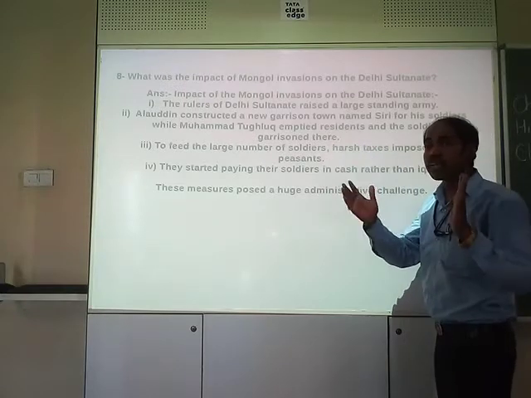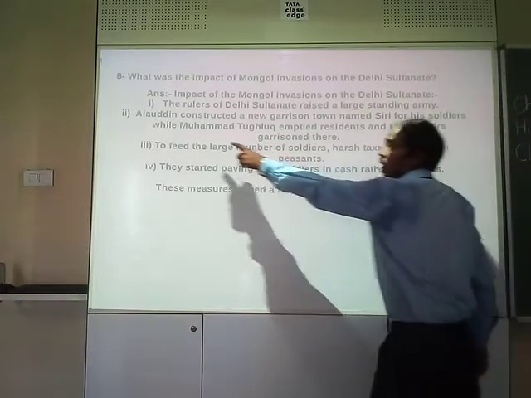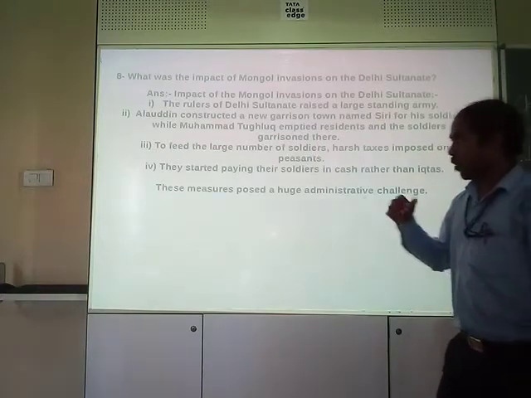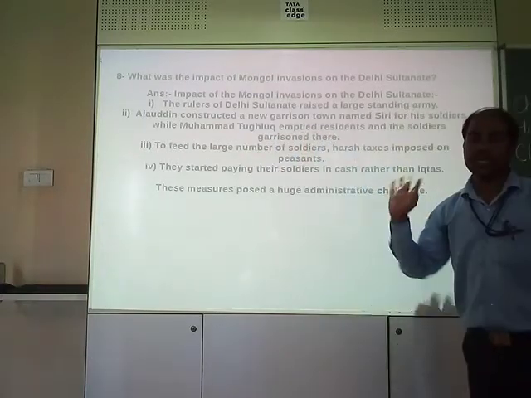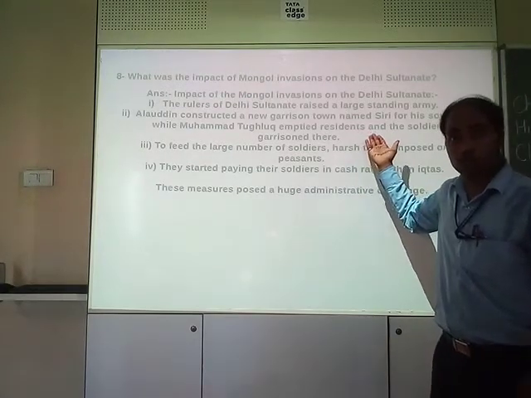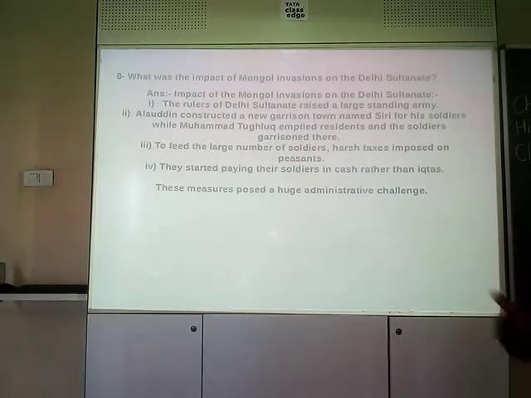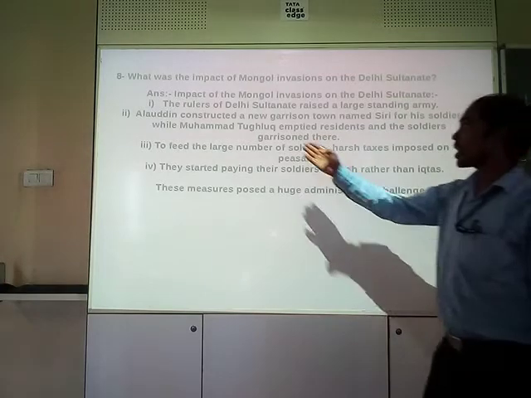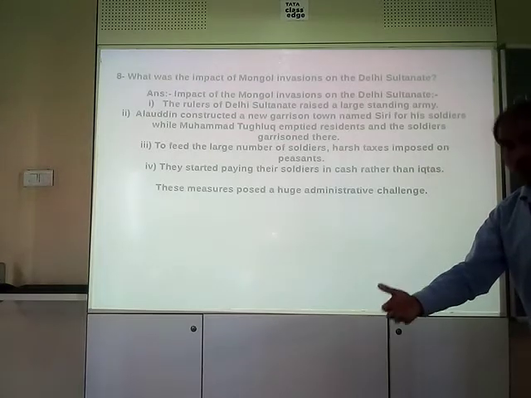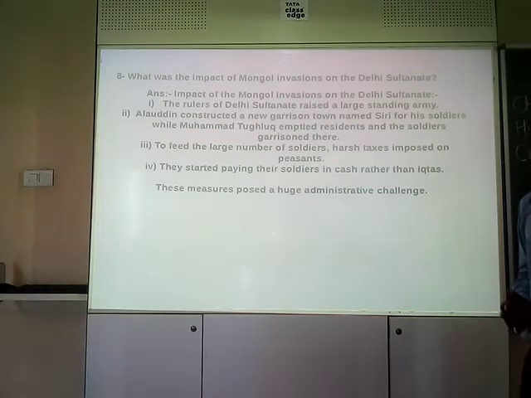That means soldiers were given a place in a new town named Siri, while Muhammad Tughlaq emptied the residents and garrisoned the soldiers there. He vacated his palace for the soldiers to live there, and he also resided there. So Muhammad Tughlaq and Alauddin both did something in order to win the favor of the soldiers, to make the soldiers stay in the area.